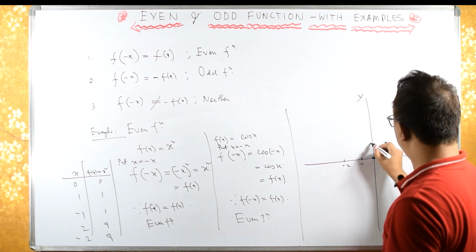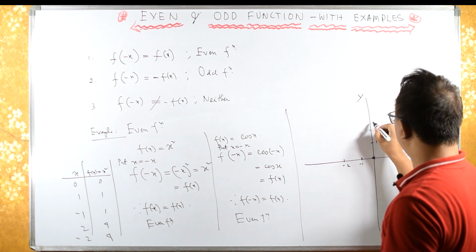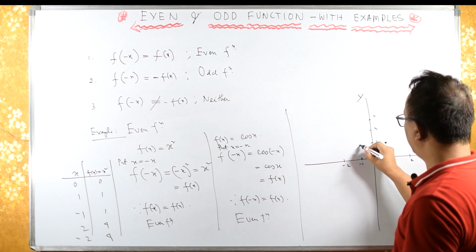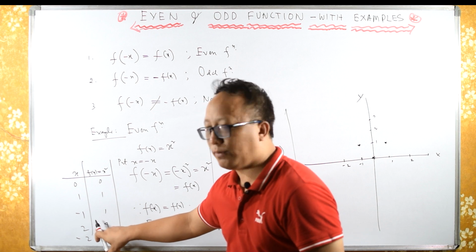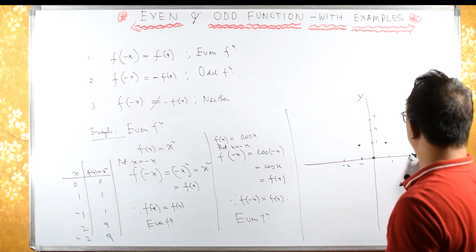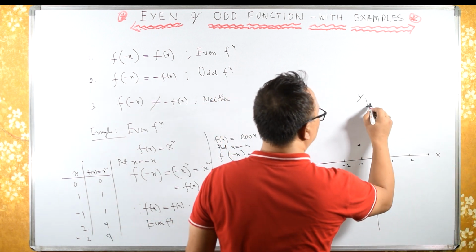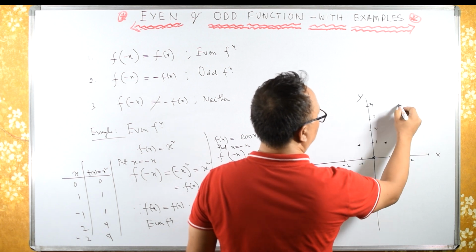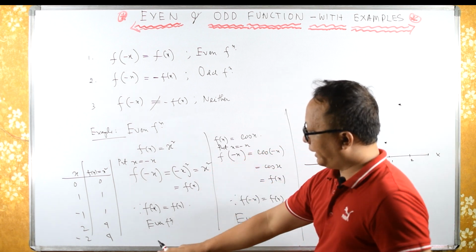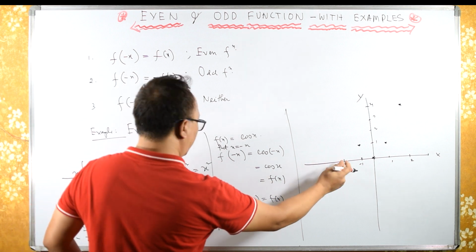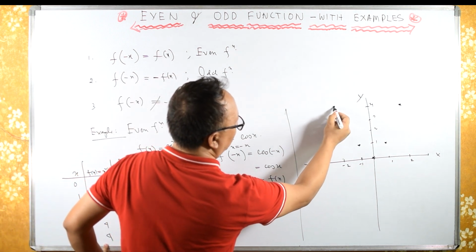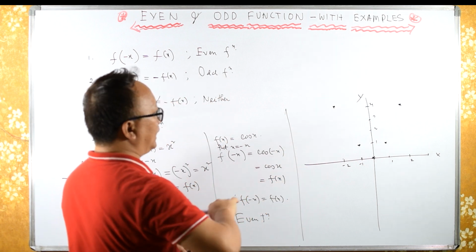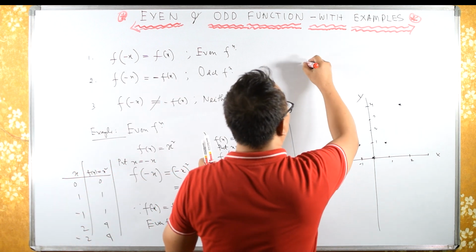When x equals 2, y is 4, so it goes up to 4. When x equals minus 2, y is also 4.